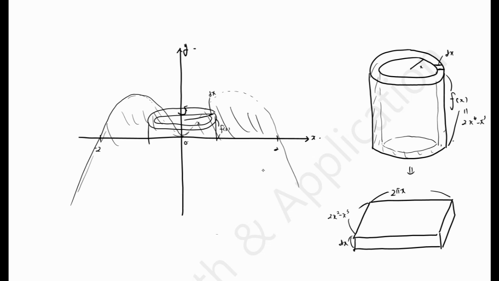So this is a differential volume. The differential volume is 2 pi x times (2x squared minus x cubed) dx, with x from 0 to 2. This is the total volume using cylindrical shells.